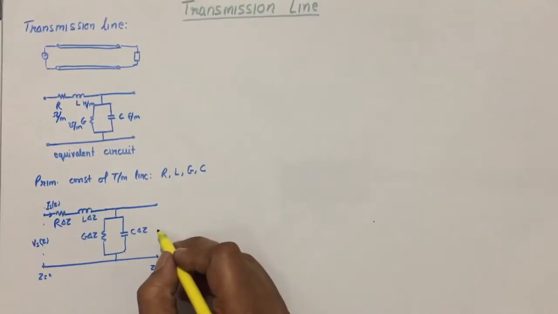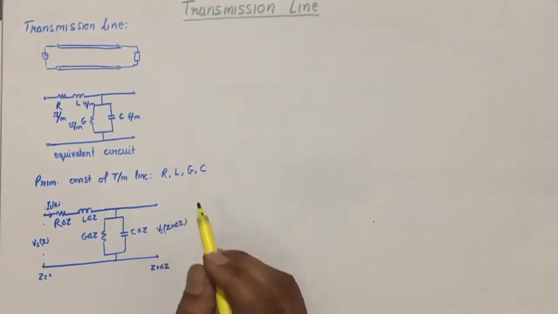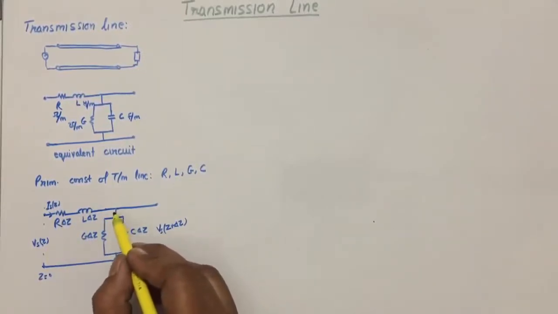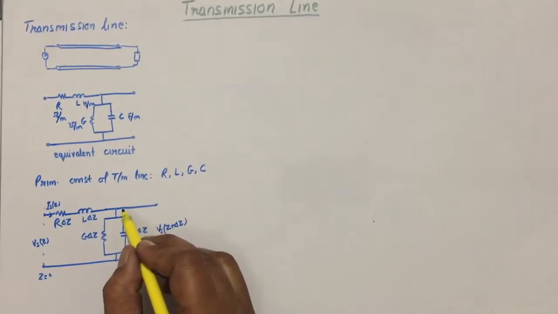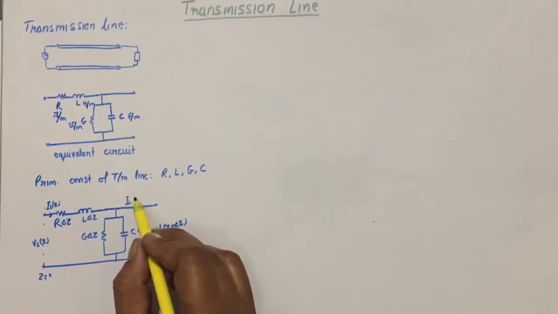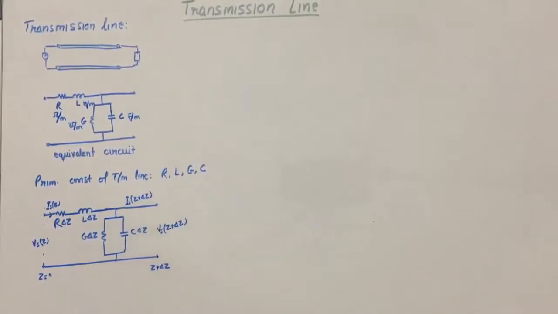The voltage that is obtained at the receiving end, or at the load side, is Vs(z plus delta z), and the current that is flowing from here, part of it is diverted to the conductance and the capacitance, and part of it will flow through there. So the current that is flowing here, we can say Is(z plus delta z).